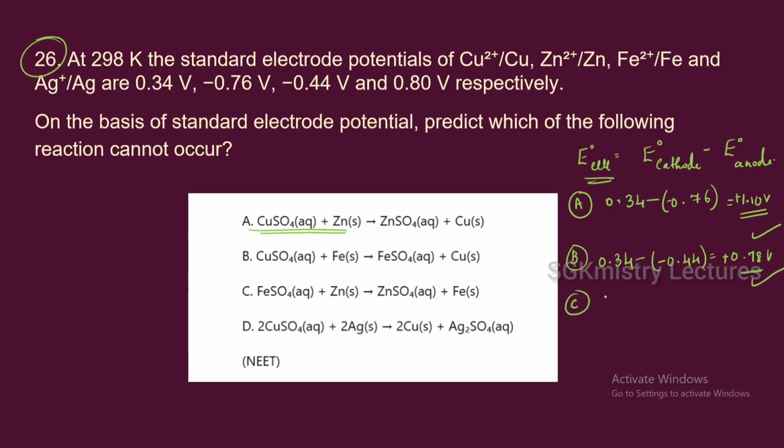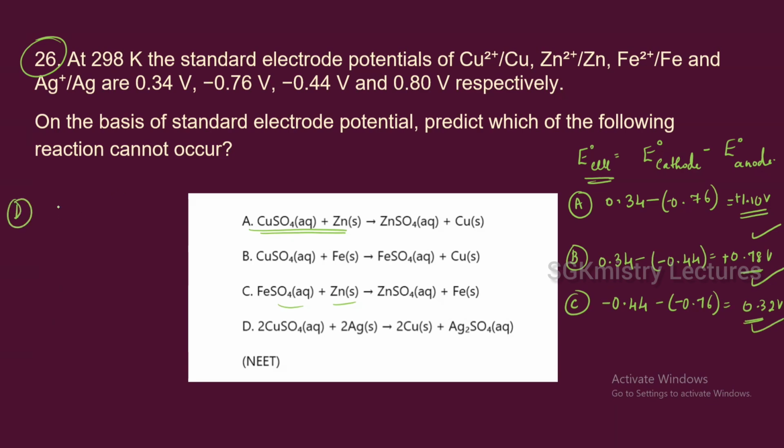Next, for the third one, we have iron as well as zinc. For iron, I'm going to take it at the cathode, so minus 0.44. Now at the anode, it will be zinc, so minus 0.76. So based on the reduction potential, here it is 0.32 volt. So again, this also can take place.